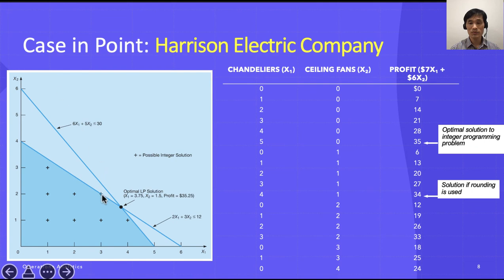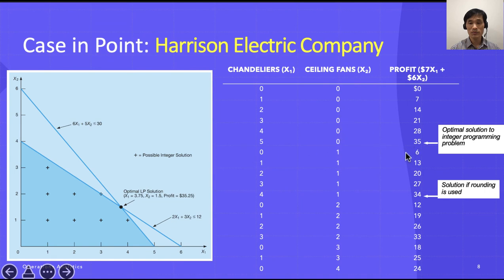So if you look at that, for example, 4.1 gives $34 of profit, or 3.2, 3 and 2, gives even lower profit, which is $33. And it happens that the highest profit takes place when five chandeliers are produced and 0 fans are produced.